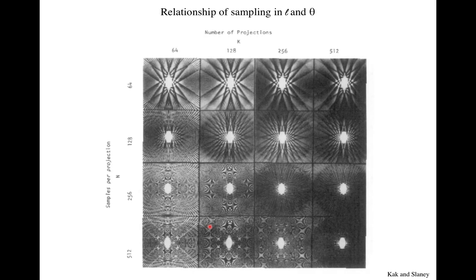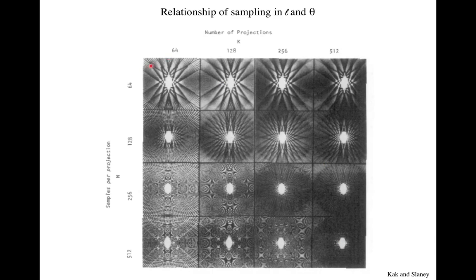And this is from a classic book on CT reconstruction by Kak and Slaney, where they plotted what the picture looks like as you vary the samples per projection. So this is along the L direction, like how frequently we're sampling in that direction for g(l, theta). Here we have 512 samples along the L direction, and this is 64. And this is the number of projections used to reconstruct the picture, and the object is just an ellipse here.